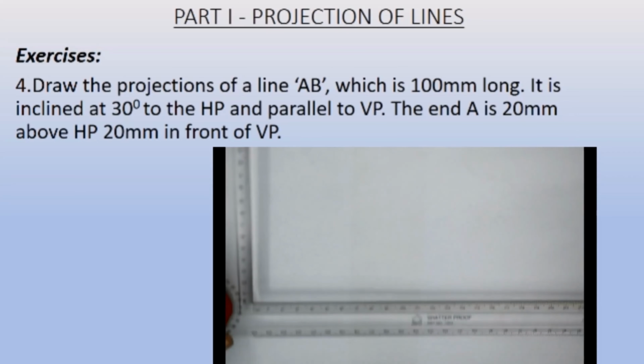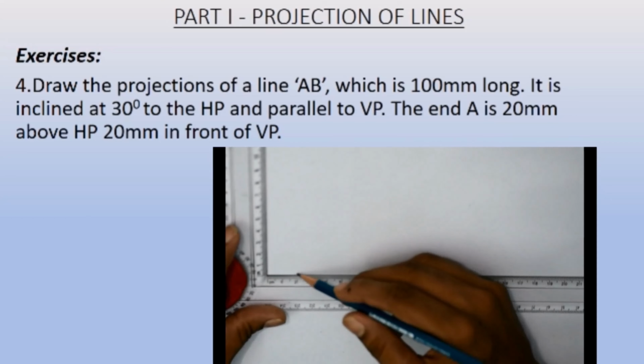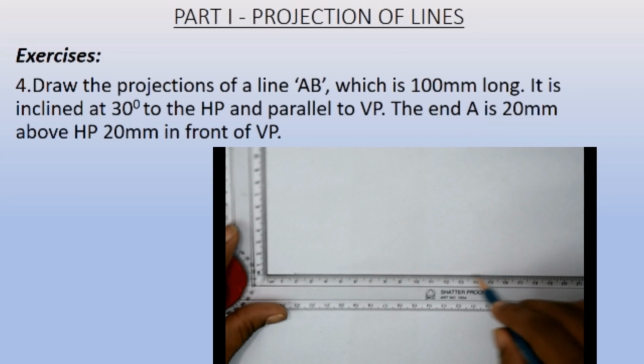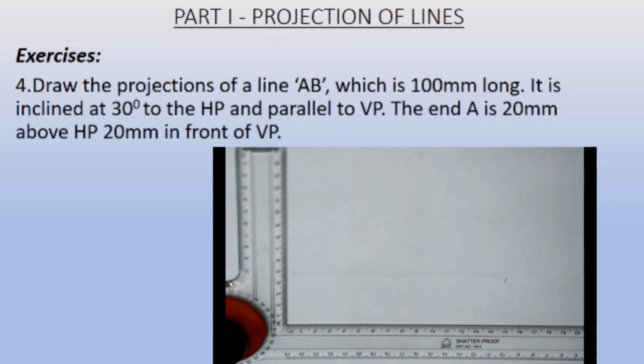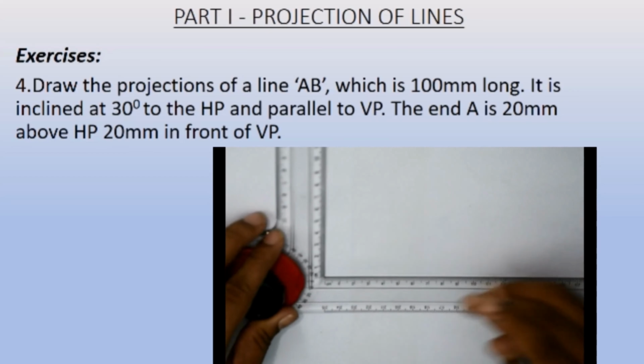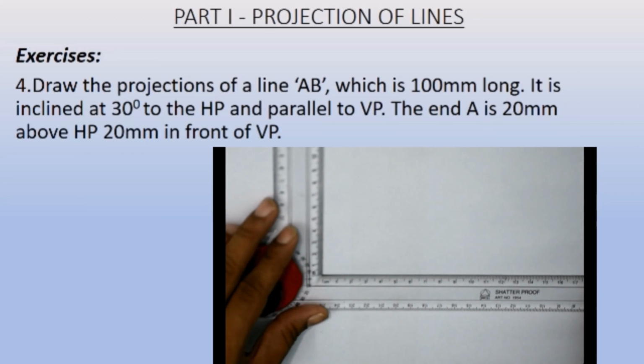So again, I will start with the XY line here. So this is your XY line. But here the angle is given with respect to the HP. Even then we will first assume that it is parallel to HP, as we did in projection of solids questions, the same thing. And the near end, that is A, is 20 mm above HP.